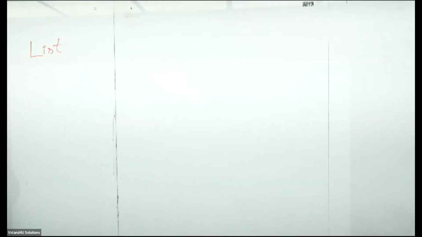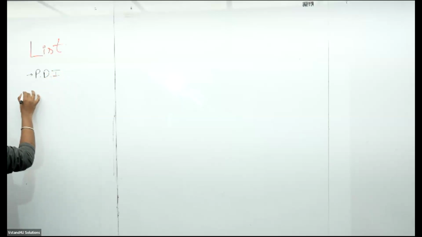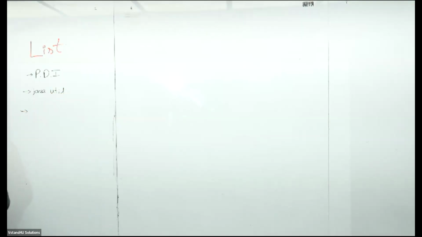What is list? It is a predefined interface present in the java.util package, and it was introduced in the JDK version 1.2, and list contains four subclasses.